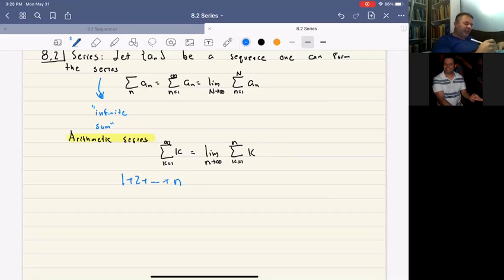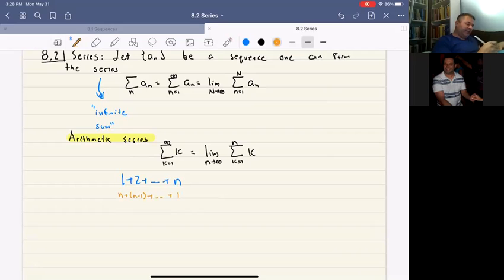You add up 1 through n. Let's do it again, adding up 1 through n, but backwards. They all add up to n plus 1, and there's n of them.